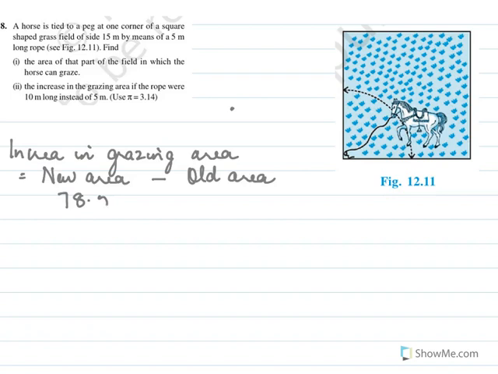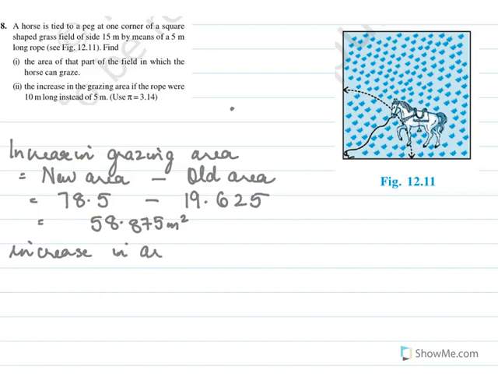The new area is 78.5, the old area was 19.625, and on subtracting, you'll get 58.875 meter square. So increase in area equal to 58.875 meter square.